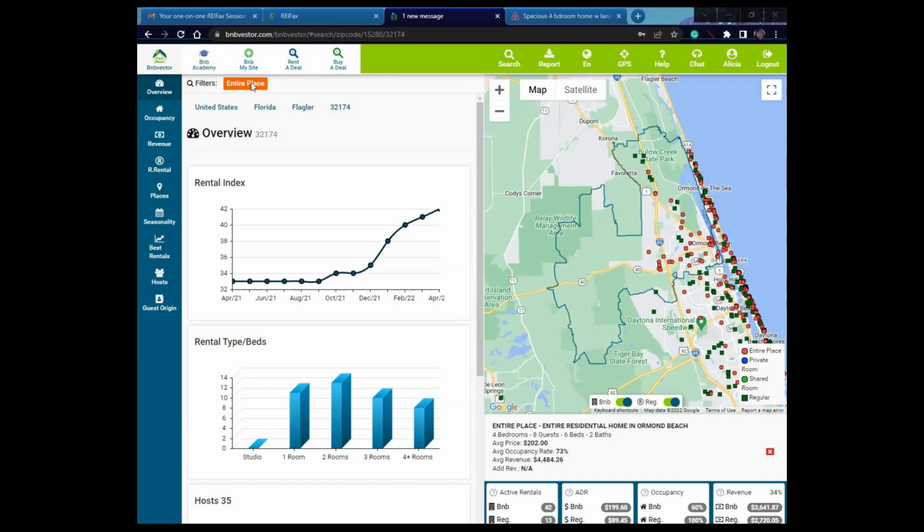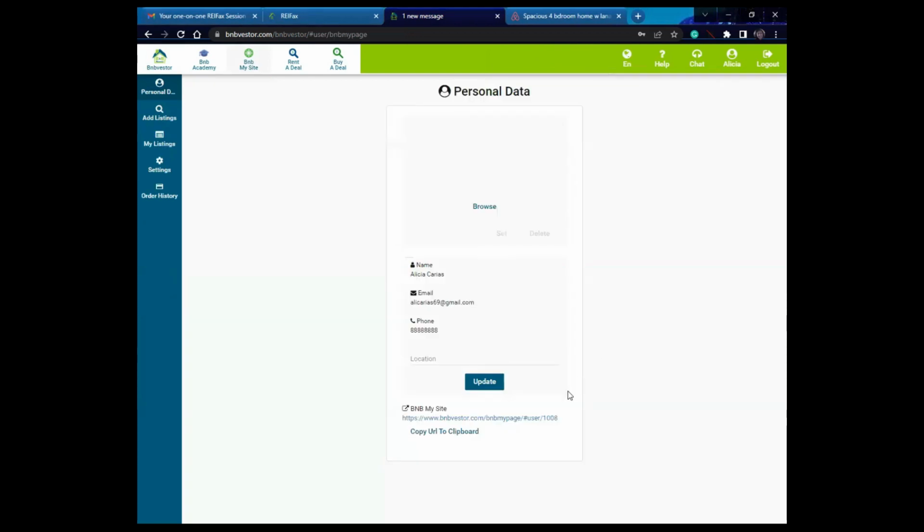Then you have Bnb My Site. Once you do have properties on Airbnb, you can come here to My Site, put in all your information, and start adding your own listings. This is for your control.